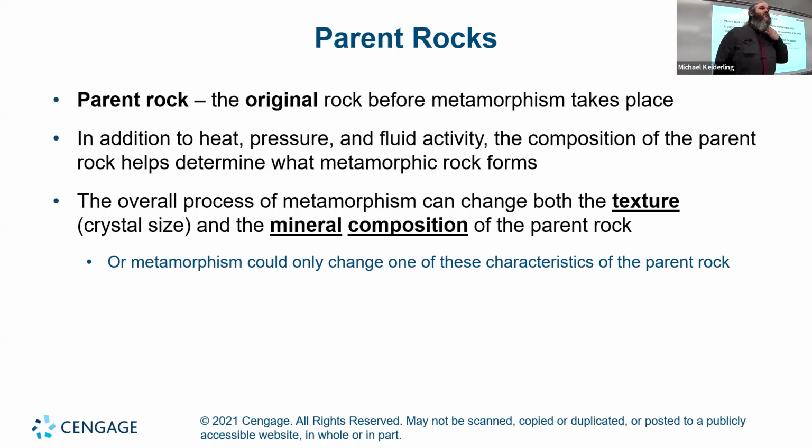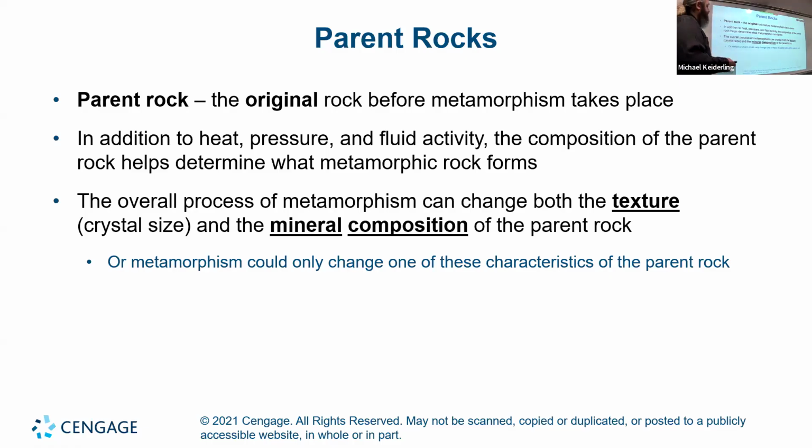So you have some rock that's got a lot of aluminum in it, which is fairly common. It gets heated up, and the aluminum and some of the oxygen can exit and form things like sapphires or rubies and other corundums. So the parent rock is what you have to work with.